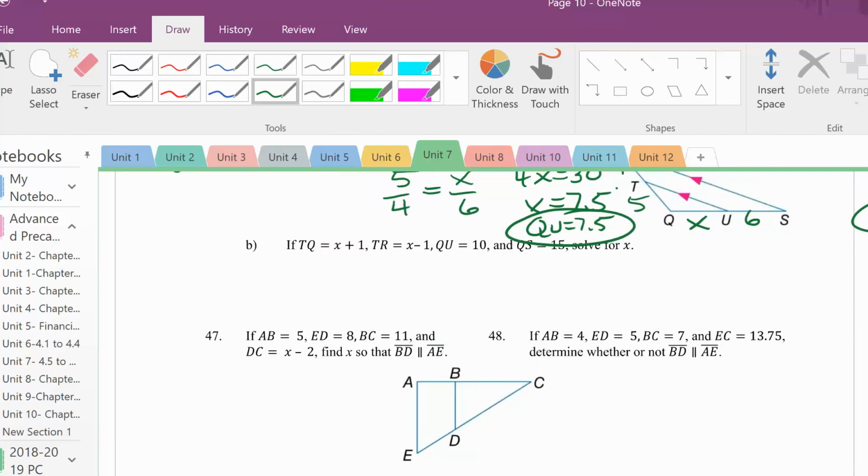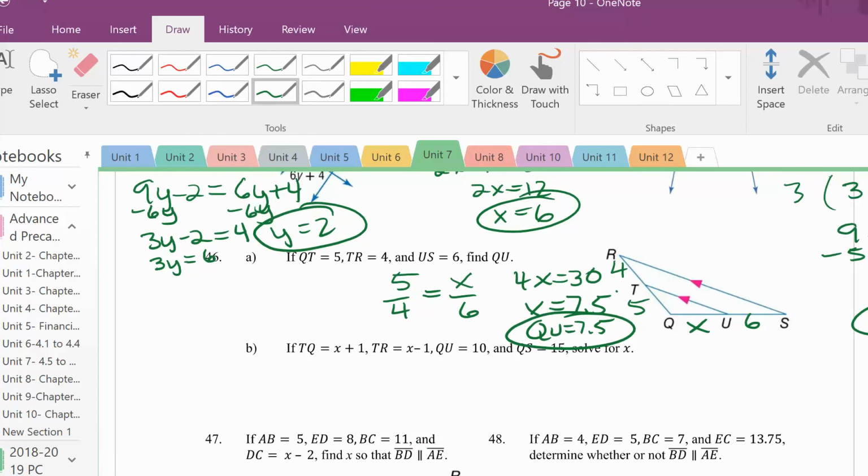All right, same picture now, different letters. So now we have RT is x minus 1. QT is x plus 1. QU is 10.